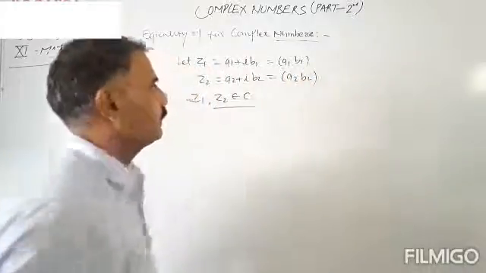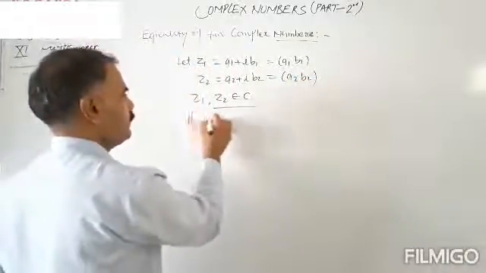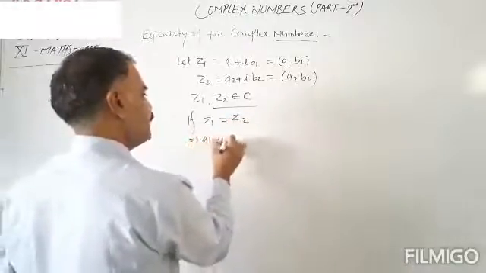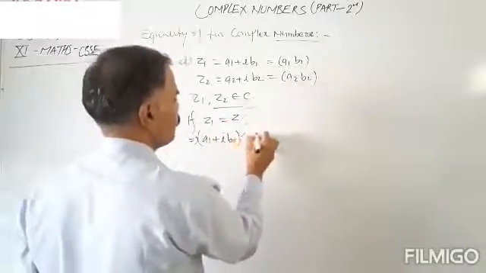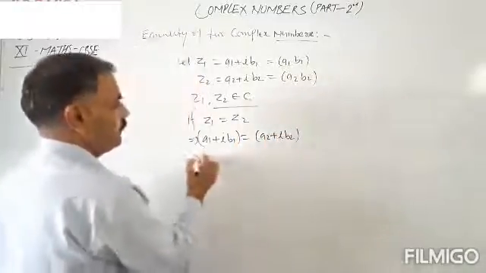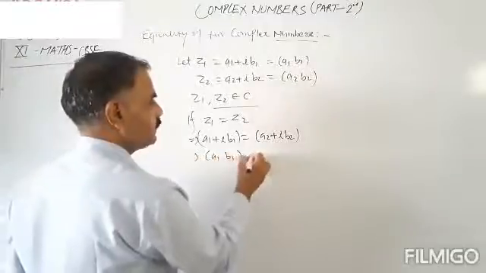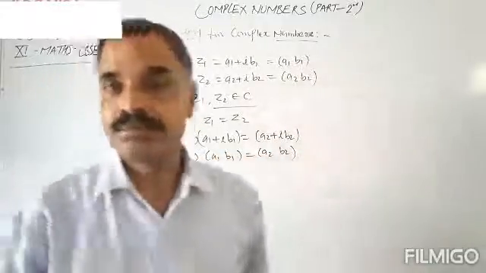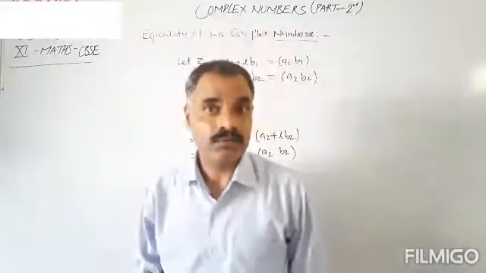Now if z1 equals z2, that is, a1 plus iota b1 equals a2 plus iota b2, it means (a1, b1) equals (a2, b2). Ordered pairs are equal.